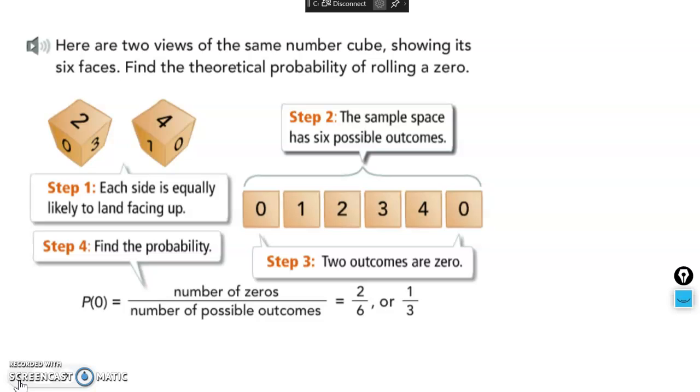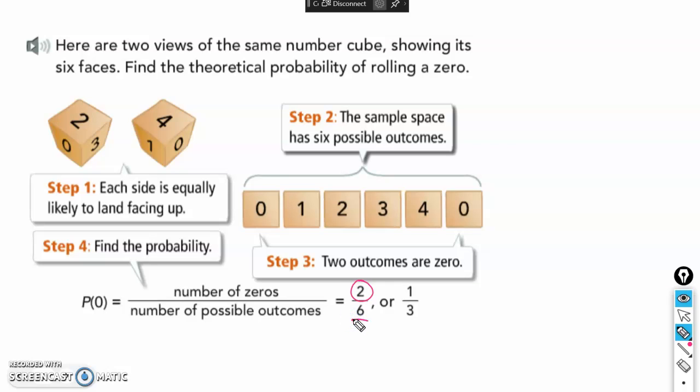Step number 2, the sample space. If we look at our sample space again, we see that our possible outcomes are 0, 1, 2, 3, 4, and 0. Step 3, there are 2 outcomes that are 0. Since there are 2 outcomes that are 0, that number goes over the number of possible outcomes, which is 6.